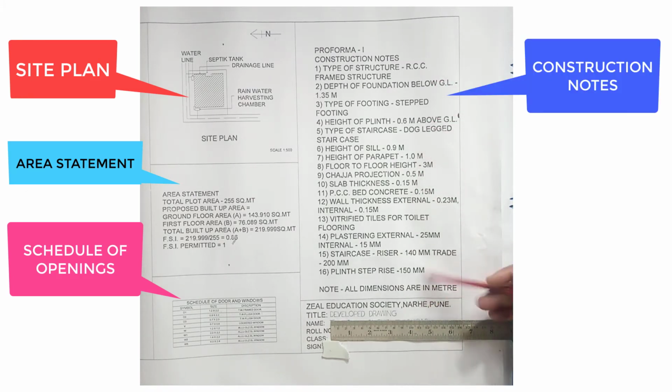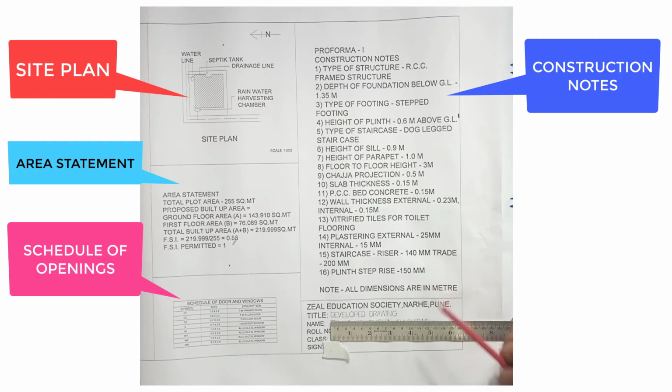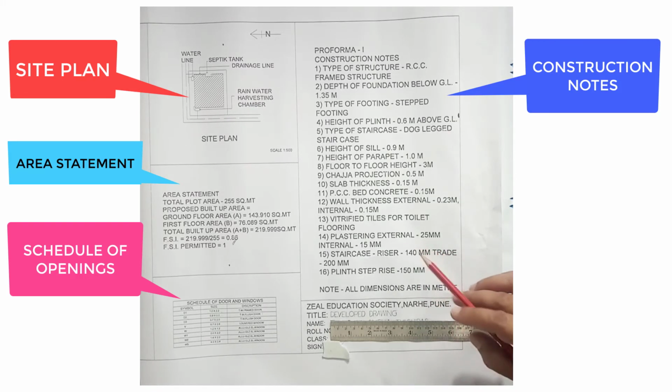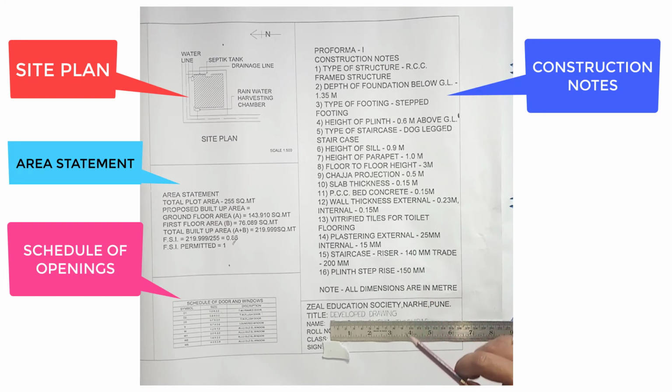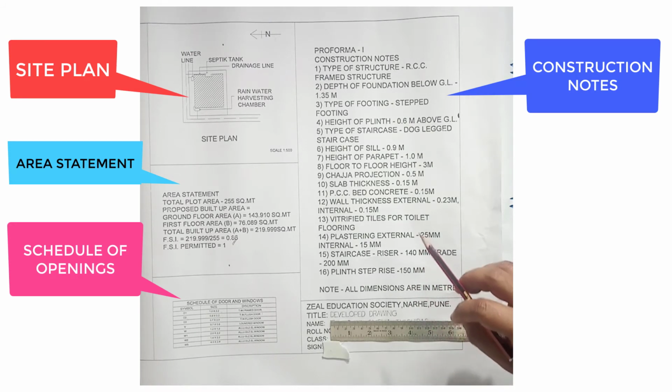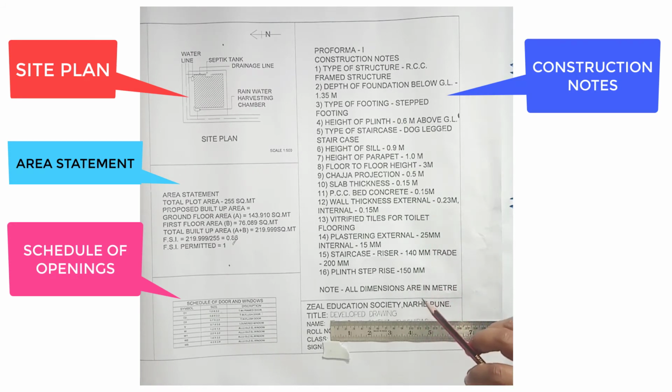At this particular site, there will be the construction notes. Construction notes are important notes which are very helpful at the construction site for the supervisor or site in charge, because it is not possible every time for the person who provides the drawing to remain present at site. So for the convenience of the site in charge or site engineer, these construction notes are very important.